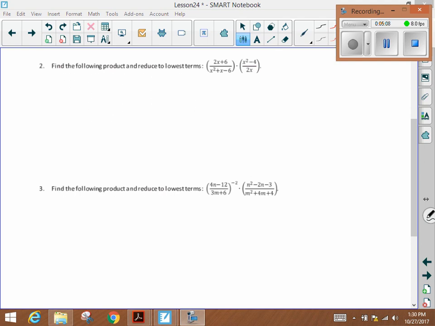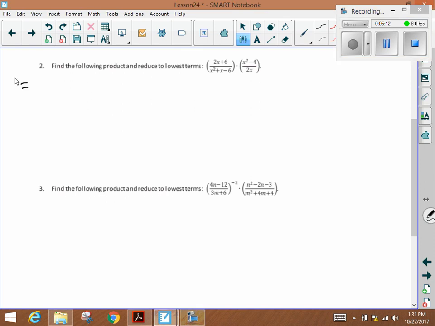Okay, so once again, I said the secret is factoring. We could multiply this out and factor at the end. Well, we're going to do at least 5 more steps if we do. If we factor first, we'll wind up actually eliminating some things because we do have some of the same factors here.